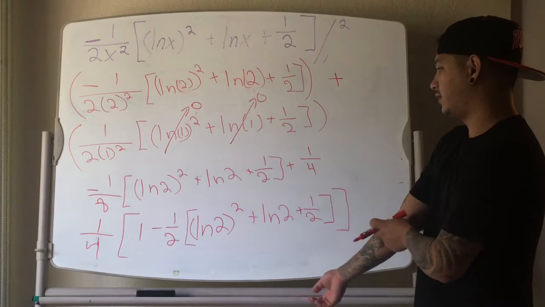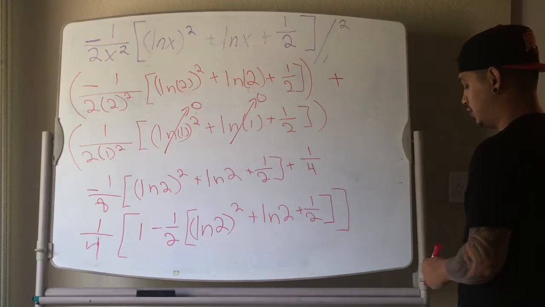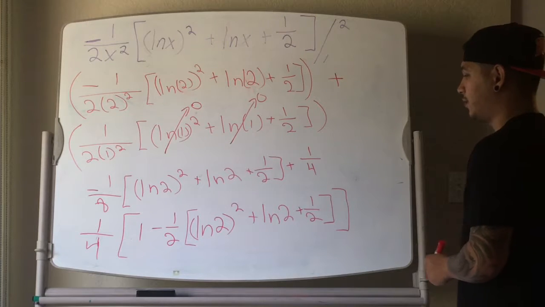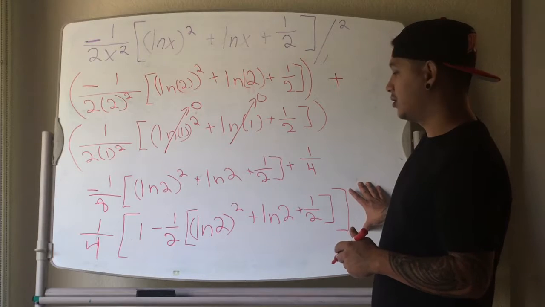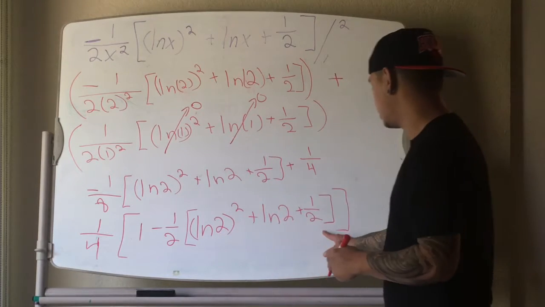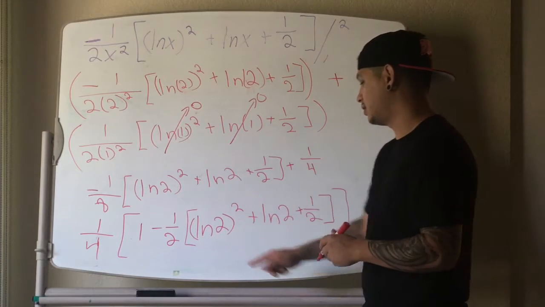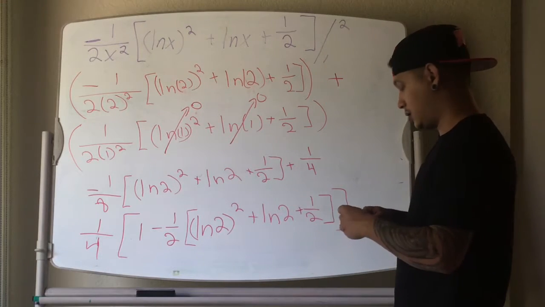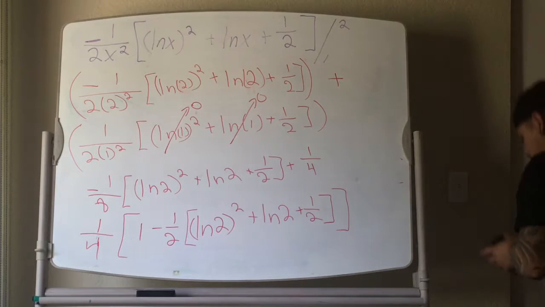I mean, you could simplify as far as you want. It just really depends. So for me, I feel comfortable right here to put it in my calculator because there's only 2 brackets. There's this ln2 squared. Make sure that you put the parentheses right there. And let's see what comes out of it.